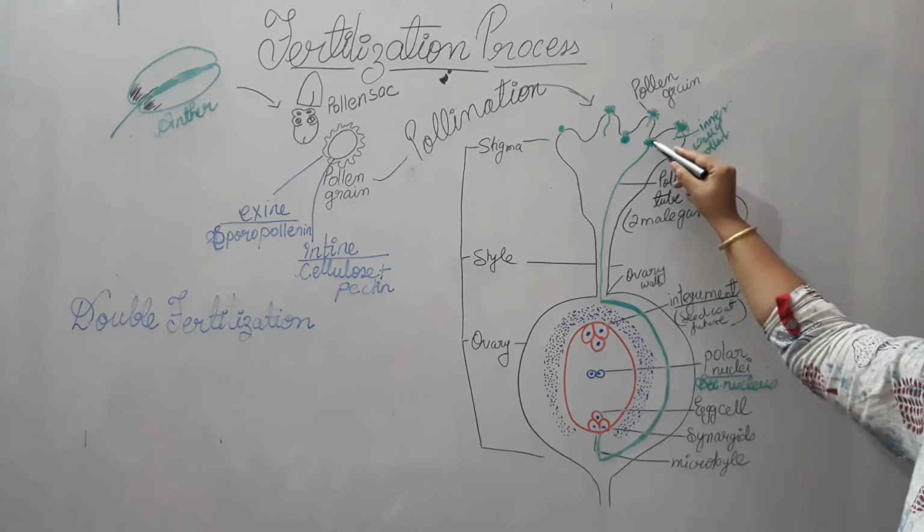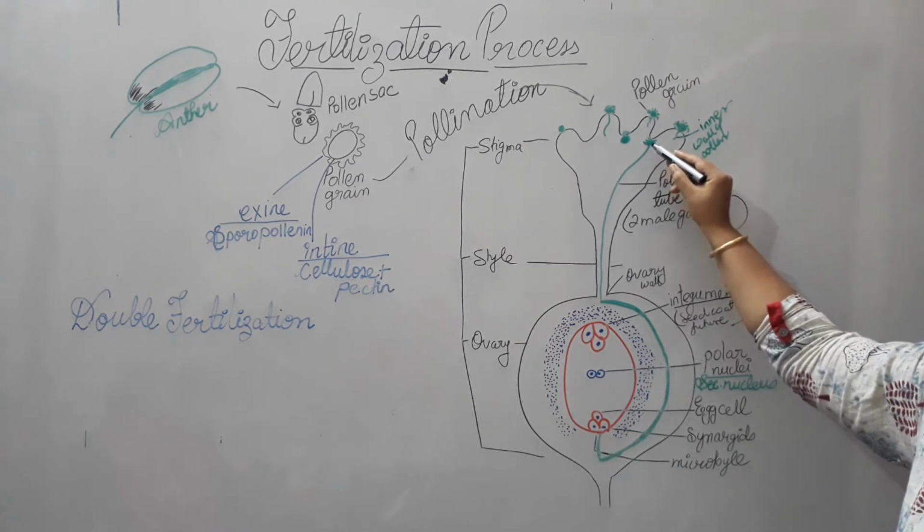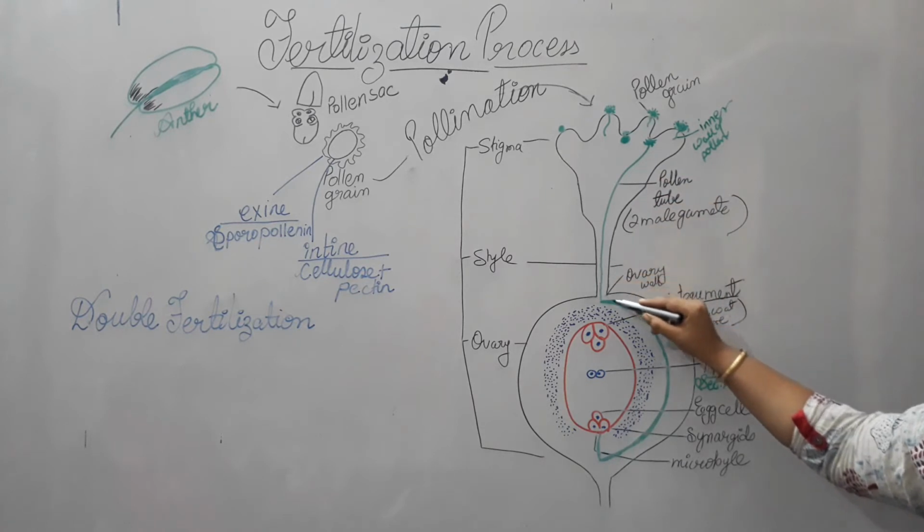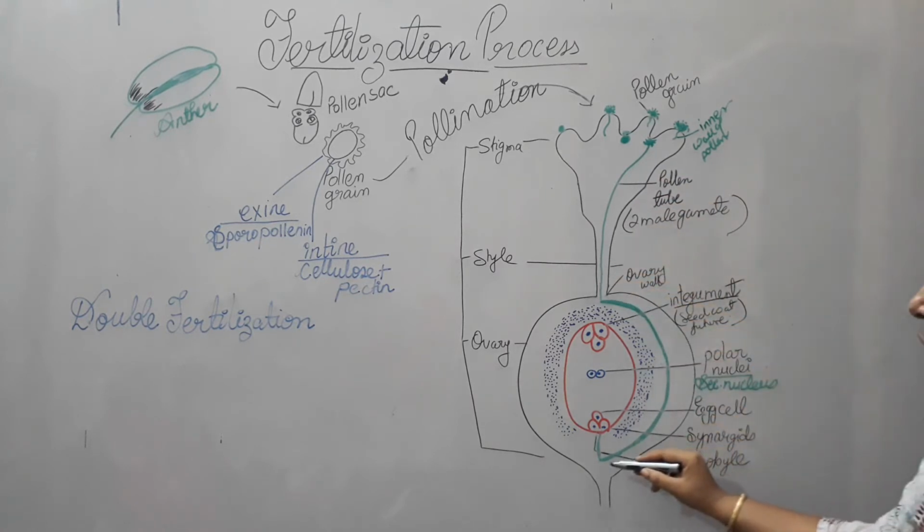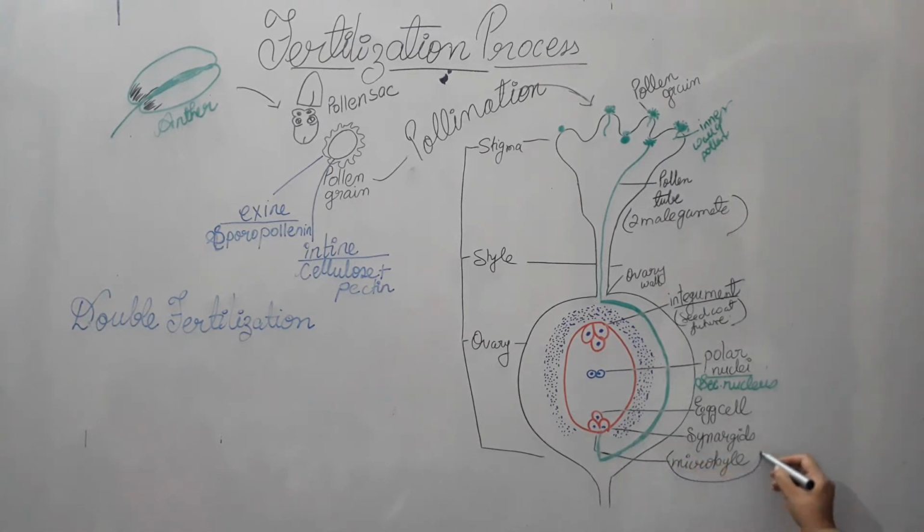Now this pollen tube will elongate and reach the micropyle end of the ovary. Alright, so it is going to reach the micropyle.